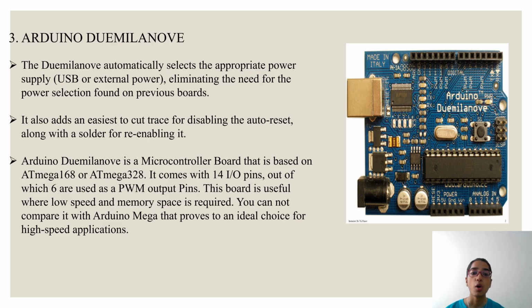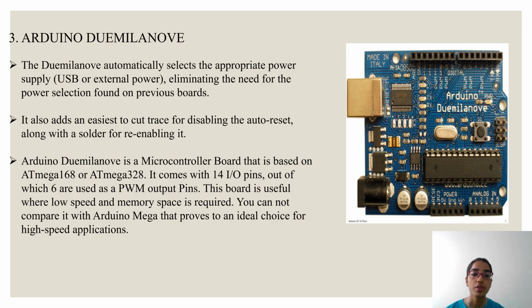The Duemilanove automatically selects the appropriate power supply, USB or external power, eliminating the need for the power selection jumper found on previous boards. It also has an easy to cut trace for disabling the auto reset, along with a solder pad for re-enabling it.